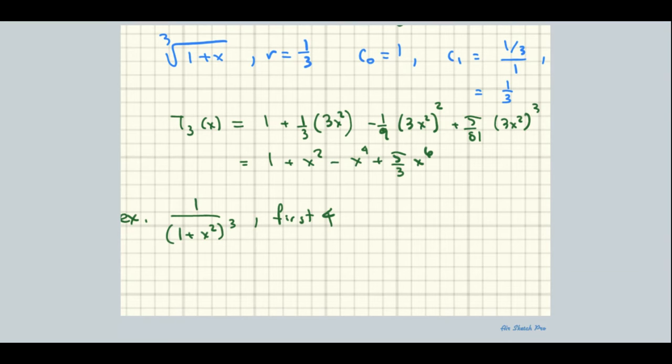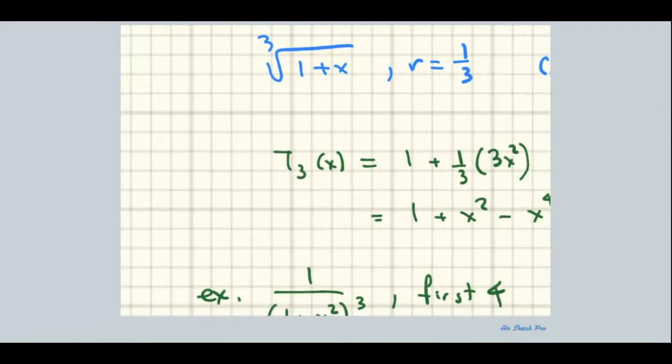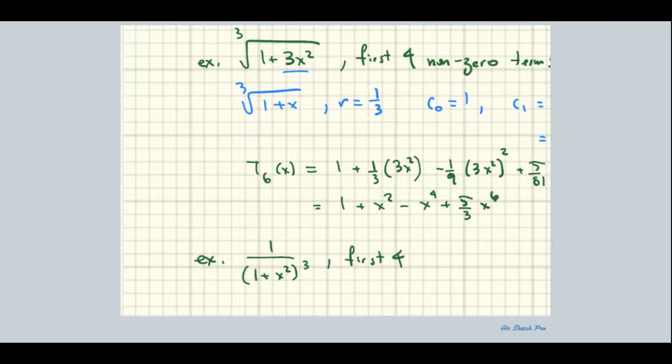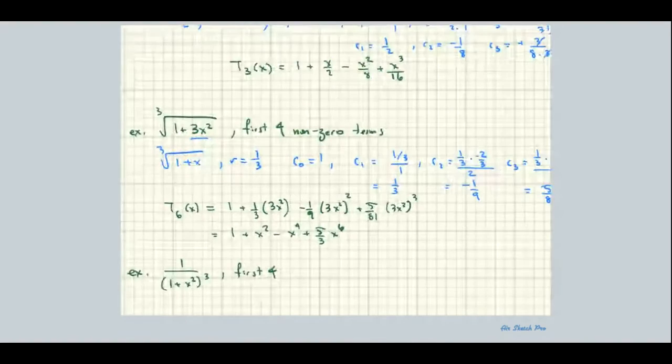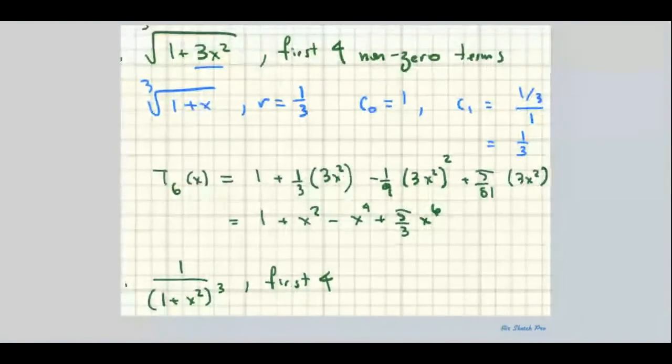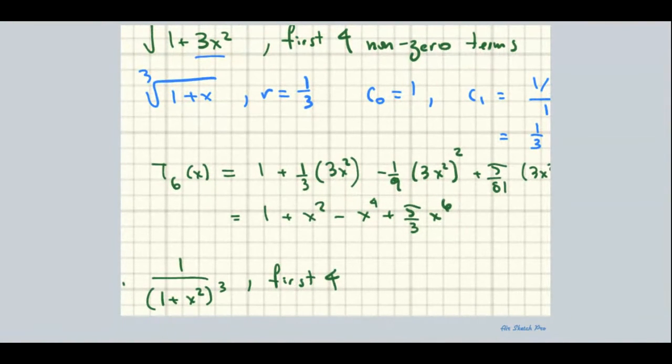This is something that I've had issues having to straighten out with my tutors. Not Alex, I don't think. I had another tutor that had issues with that. What's the highest power that shows up? Even though this is the first four non-zero terms, coming off of the x cubed, I'm looking at C3. This is now T6 for this power.